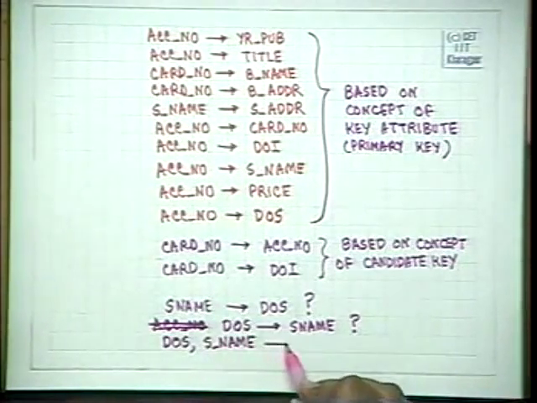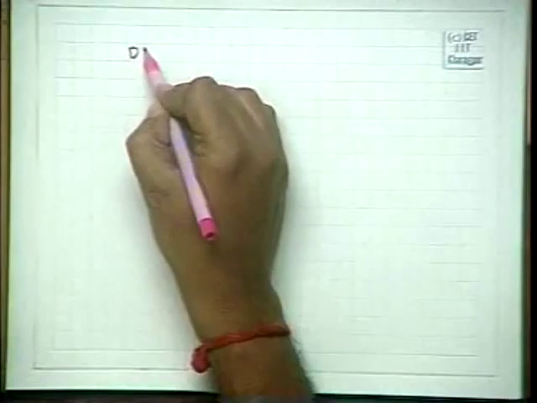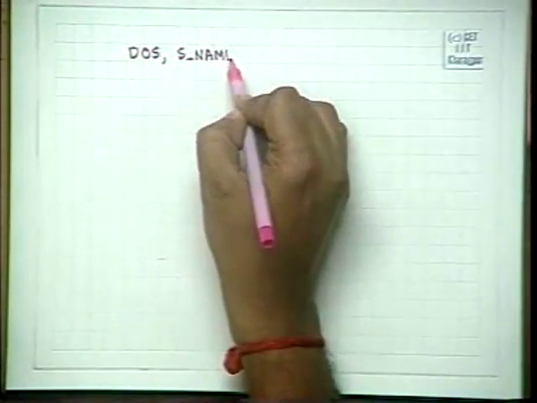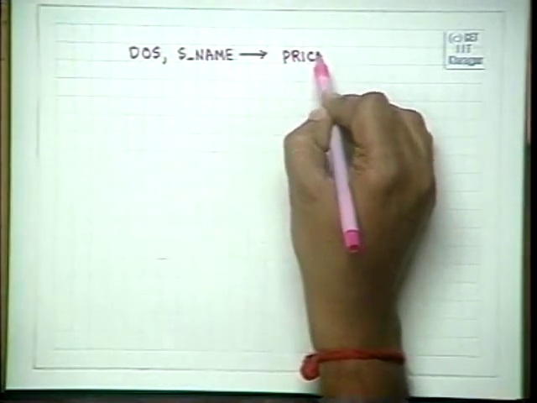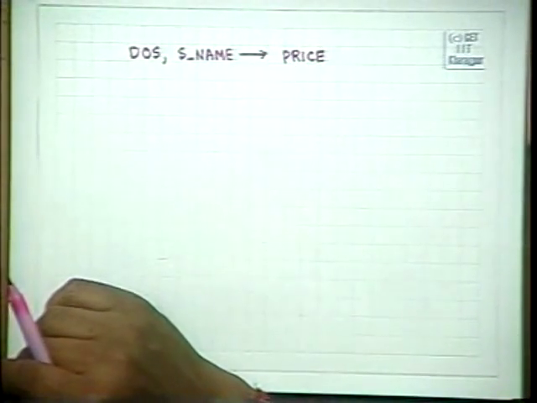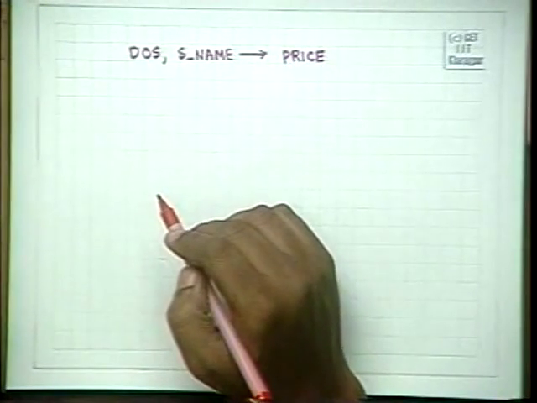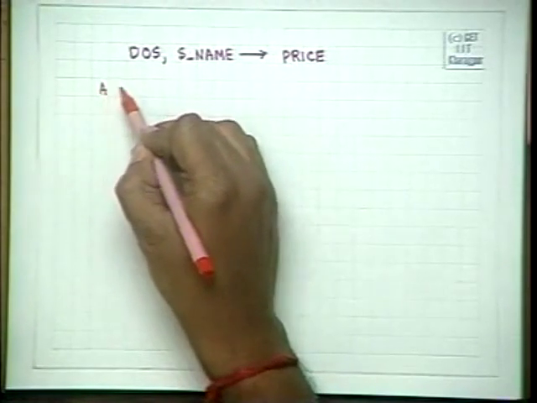I will write it out carefully. What does this mean? One supplier has its supply of books of the same price on the same day.